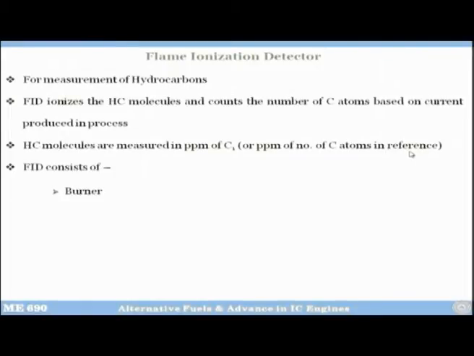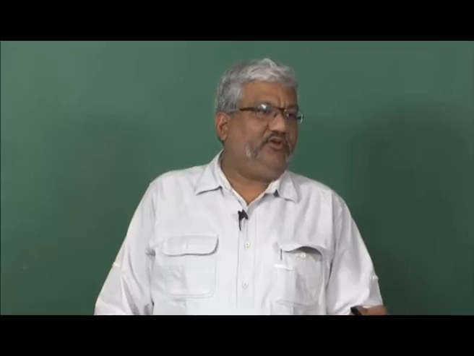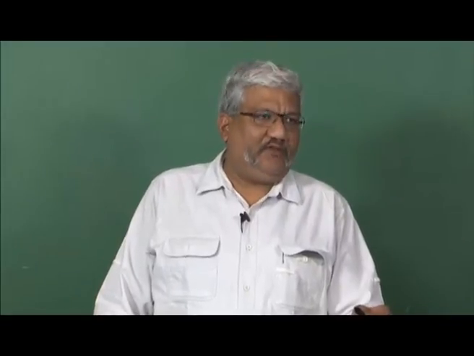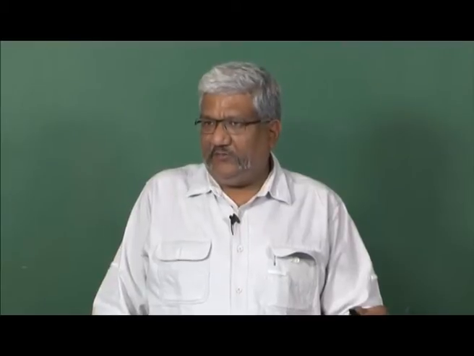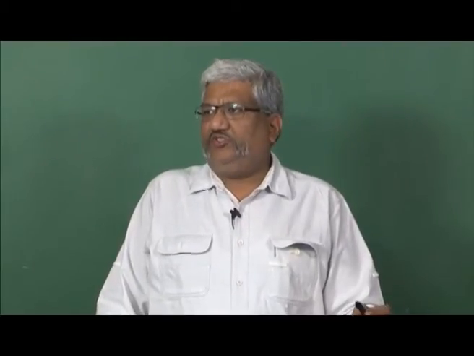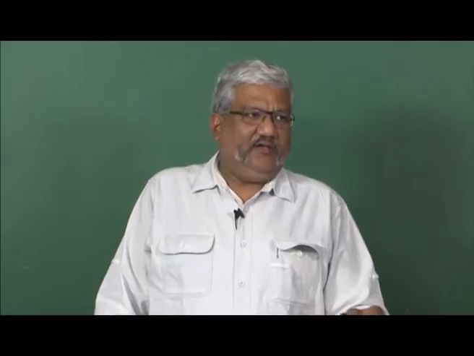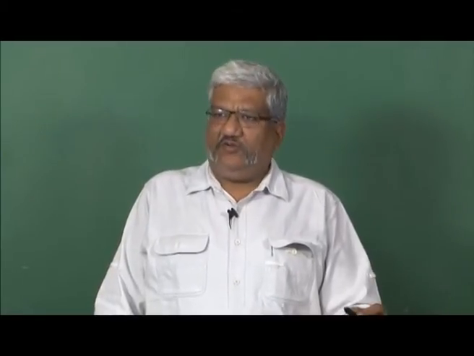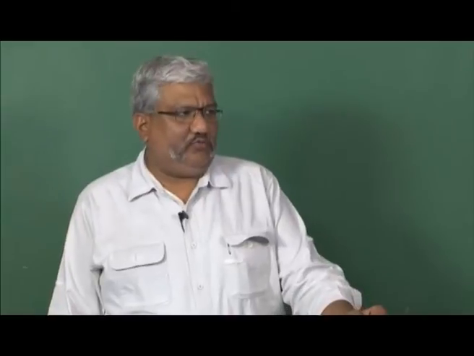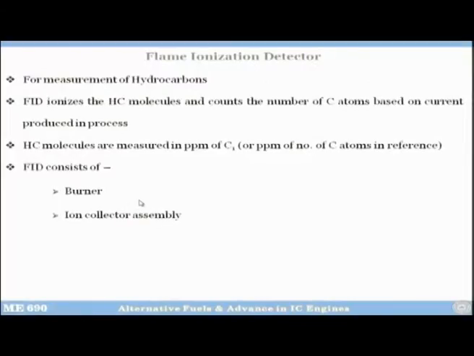So, if you look at the hardware of the flame ionization detector, obviously it will contain a burner where you will light a hydrogen oxygen flame or hydrogen helium oxygen flame. Helium will obviously not participate in combustion, it will be only hydrogen and oxygen that will participate in the combustion. And when the burner burns, obviously hydrogen and oxygen are not going to produce any ions whatsoever. Okay. And then the moment you put the sample in, it will generate ions, and for collecting those ions you need an ion collector assembly, and then this will be a very weak current, right.